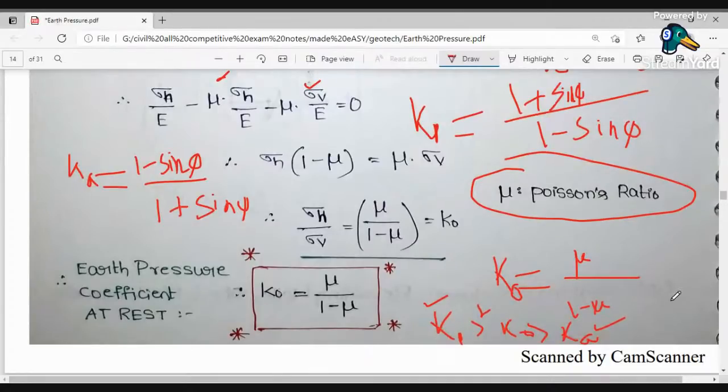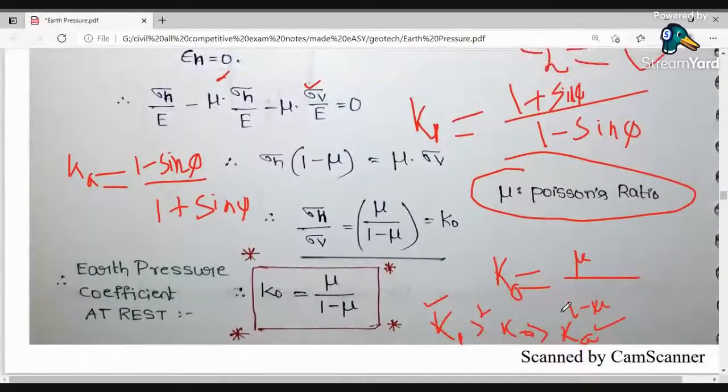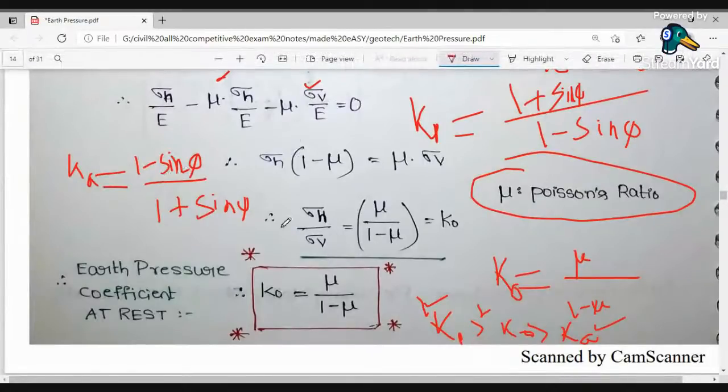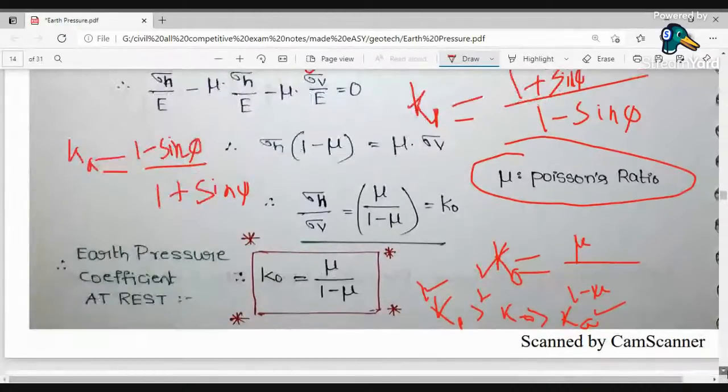So the active earth pressure coefficient Ka is small, in the intermediate state is the pressure at rest, and the larger coefficient is basically the passive earth pressure coefficient. So we basically determined the values of K naught, Kp, and Ka in this lecture. Then we'll move to the next part.